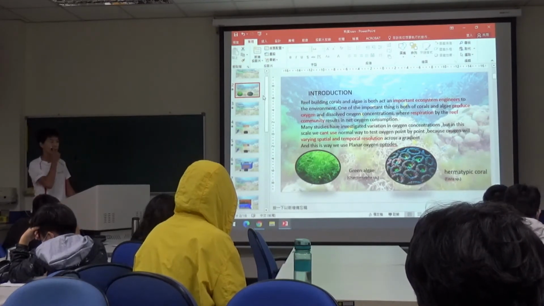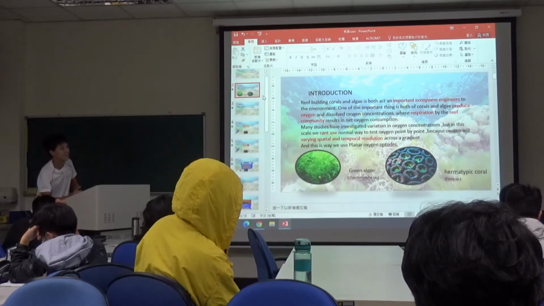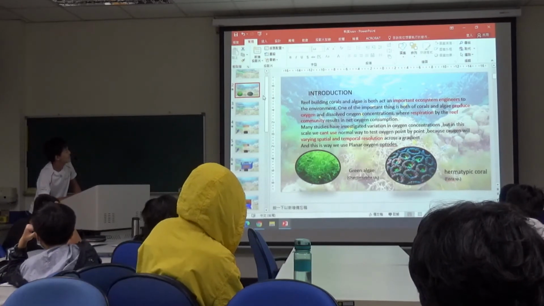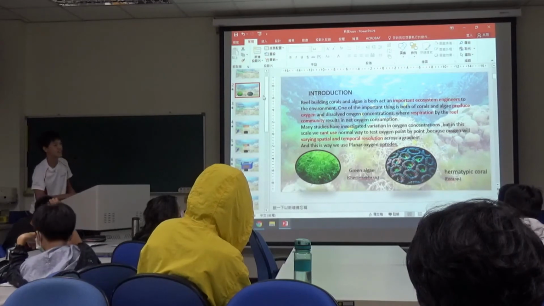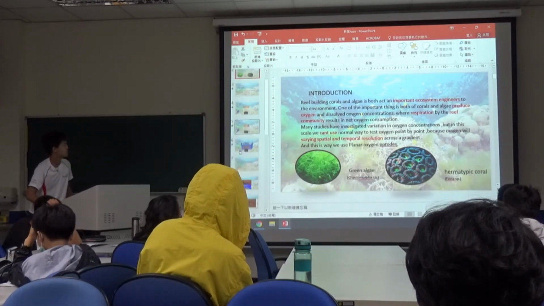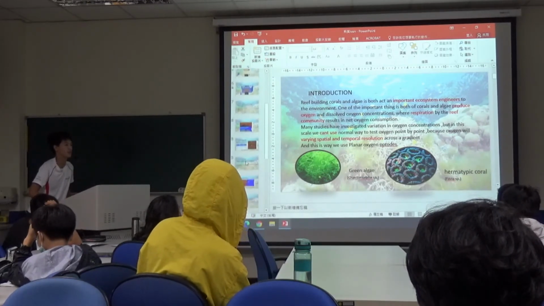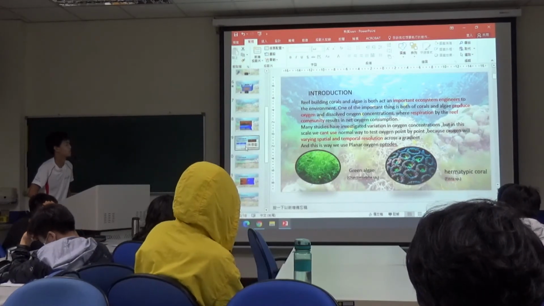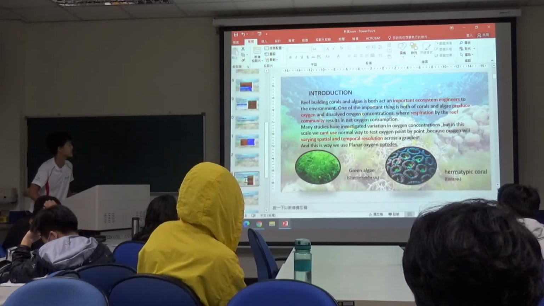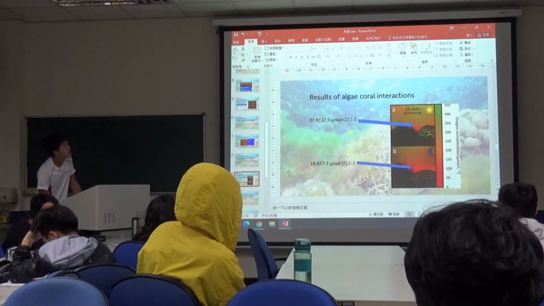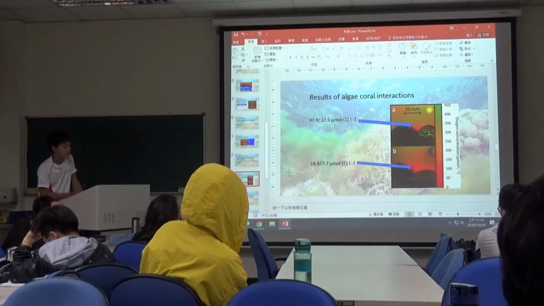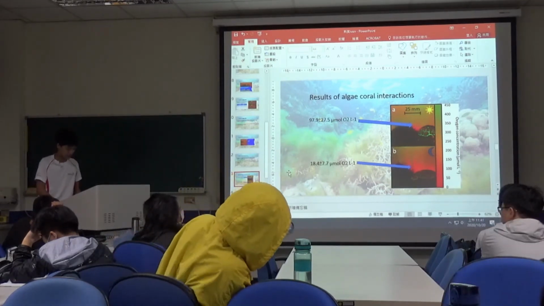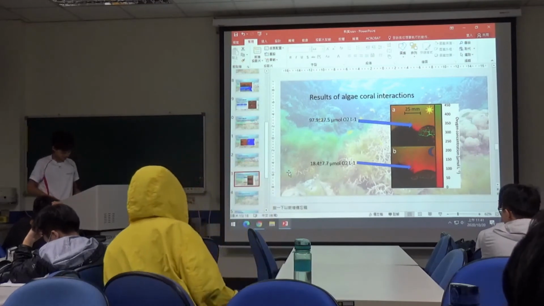In your results, the coral results with water flow also have a hypoxia zone. Can you explain why the hypoxia zone exists?